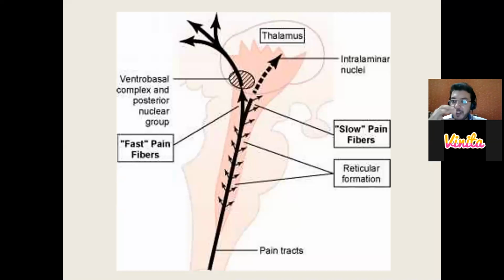That means the pain fibers traveling above give out some fibers terminating in the reticular formation. They are traveling all along, and you can see that when they go into the thalamus, the fast pain fibers are not ending in the thalamus. See very clearly, try to see the picture. They are going beyond the thalamus.